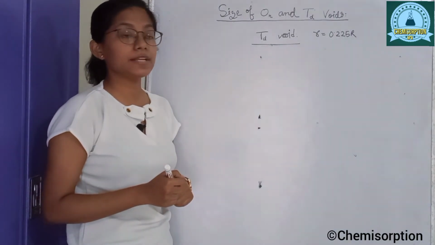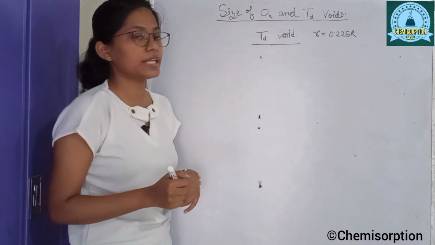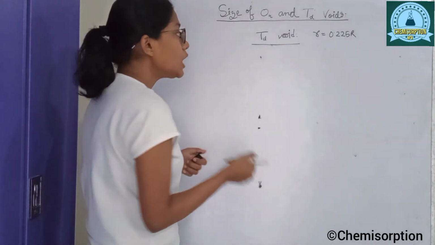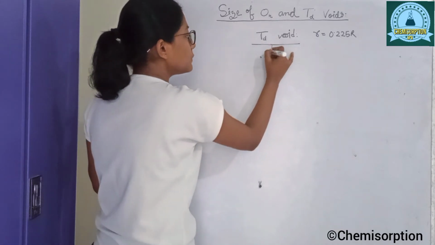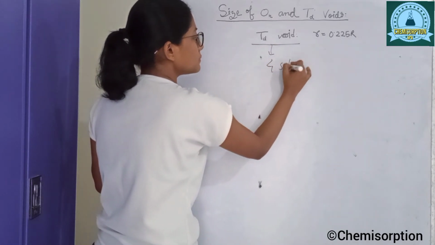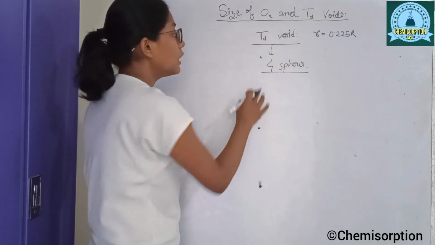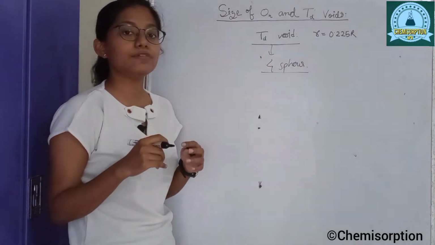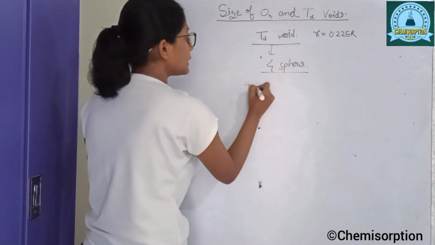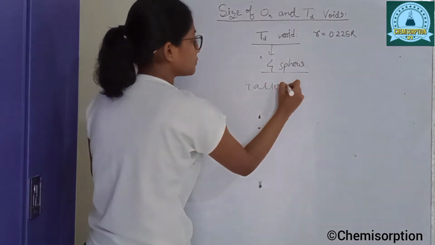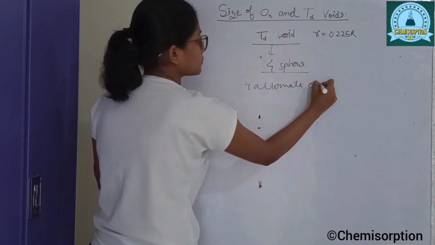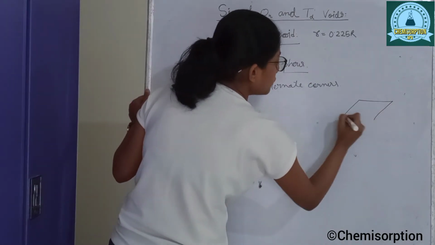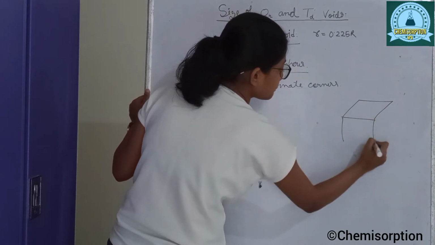Now we will see the relation of small r and capital R for tetrahedral void. So tetrahedral void is formed by 4 spheres. If we place these 4 spheres on a cube, then they will occupy 4 alternate corners. So if we draw the cube, it will be like this.